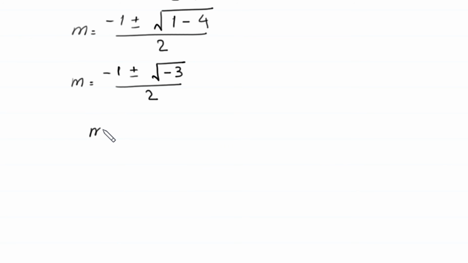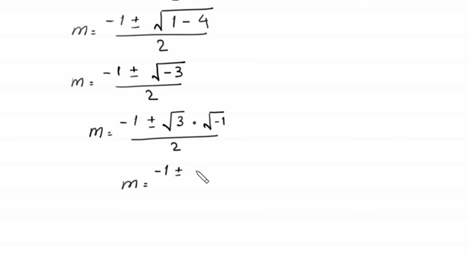Next, this square root of negative 3 can be written as square root of 3 times square root of negative 1, divided by 2. Next, m is equal to negative 1 plus or minus root 3, and this square root of negative 1 is i, divided by 2.